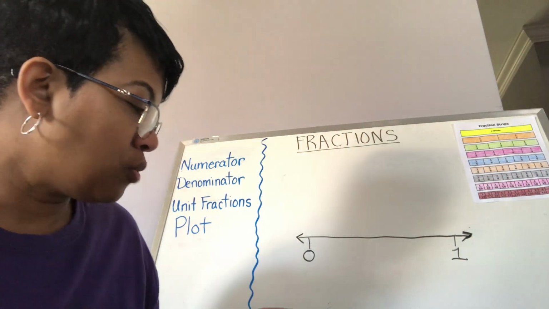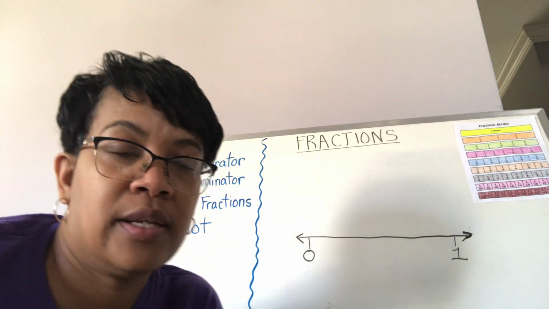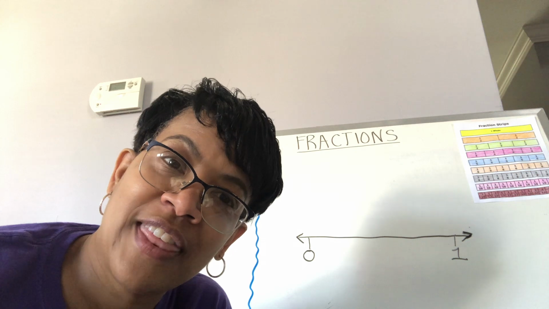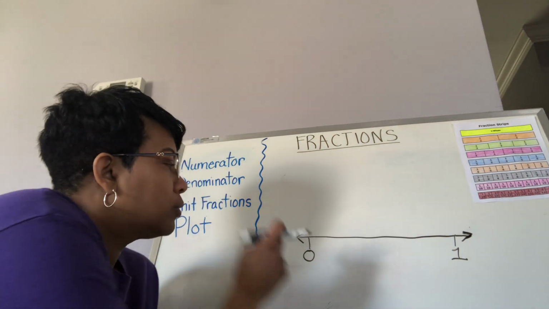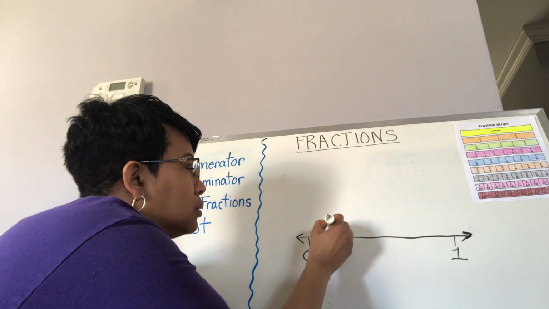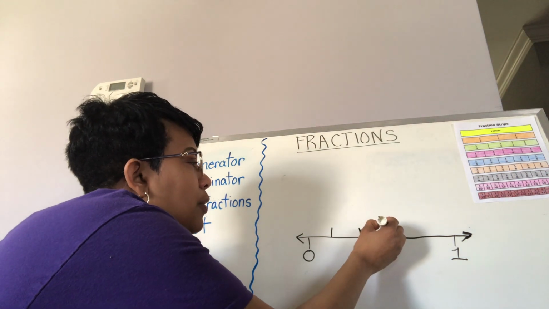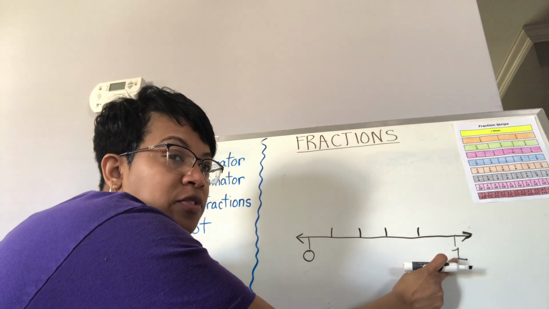Okay. So I'm going to take my number line and divide it into fifths. I'd like you to do this with me, okay? So 0, 1, 2, 3, 4, and that equals 5.